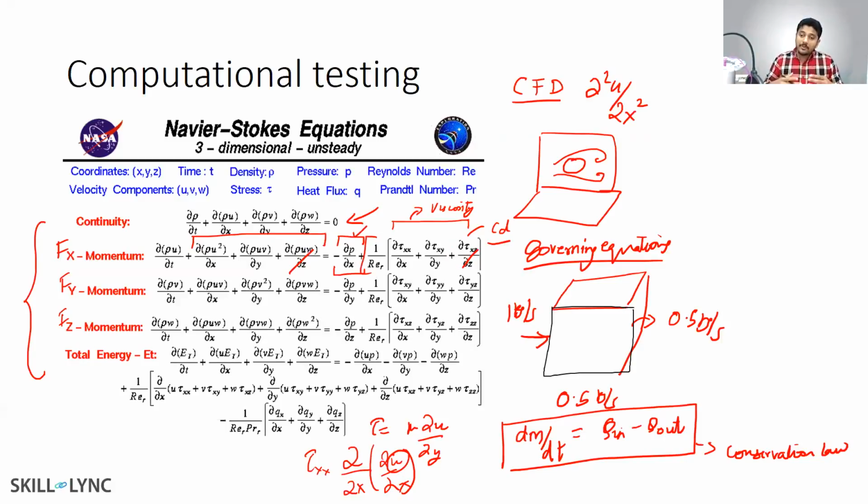And if your pressure drop is very small, you can ignore that. But these techniques are only for analytical calculations. For flow simulations, if you're doing CFD, you should always solve the entire Navier-Stokes equations. If you ignore some terms, your answers will be completely wrong. Like I said, computational testing is all about taking these equations and solving them using a CFD program.